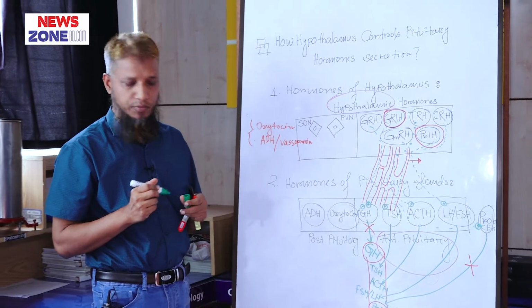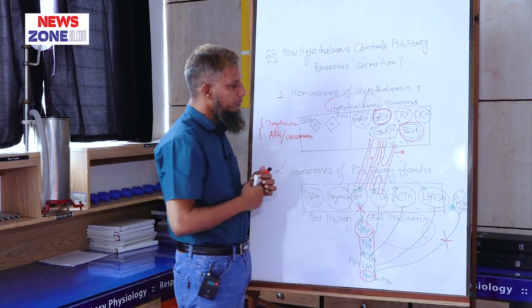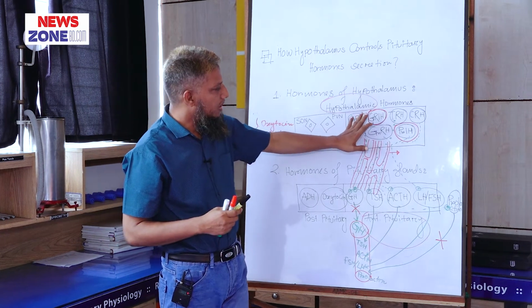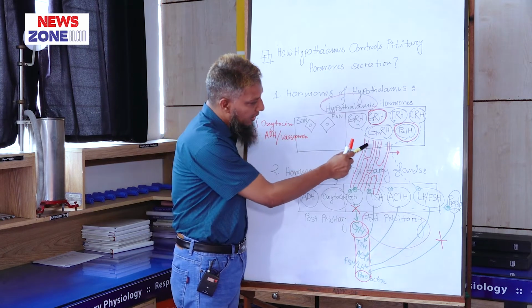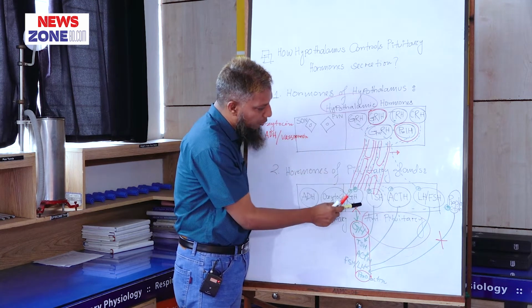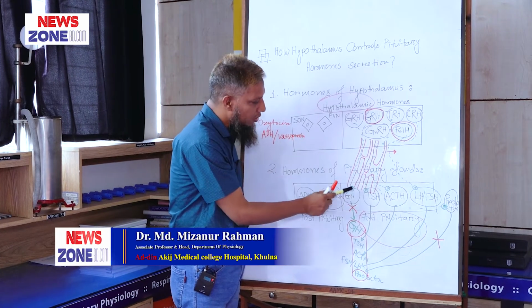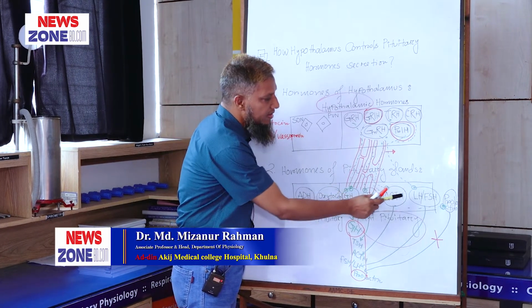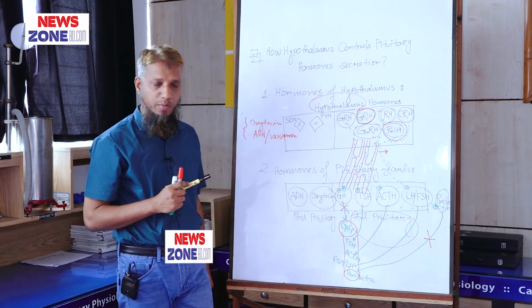Clear? So, finally, we can summarize: some releasing hormones release from the hypothalamus, and via these hypothalamo-hypophyseal portal vessels they reach the anterior pituitary, act on their target cells, and they release hormones from the anterior pituitary.